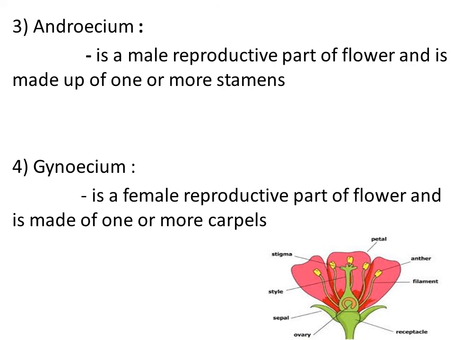So based on the presence or absence of reproductive parts, the flowers are classified into two types: unisexual flower and bisexual flower. A unisexual flower is nothing but a flower that consists of either androecium or gynoecium. Clear? A bisexual flower is a single flower that consists of both the reproductive units.